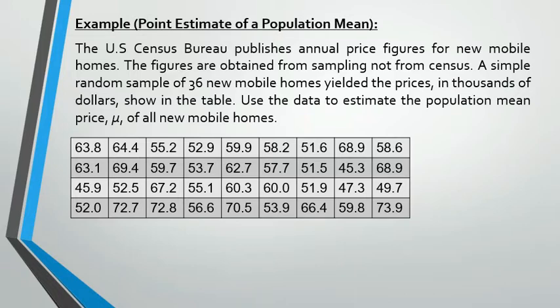Use the data to estimate the population mean price of all new mobile homes. So in this question we have to estimate the population mean price from this data, which has 36 new mobile homes and their prices.